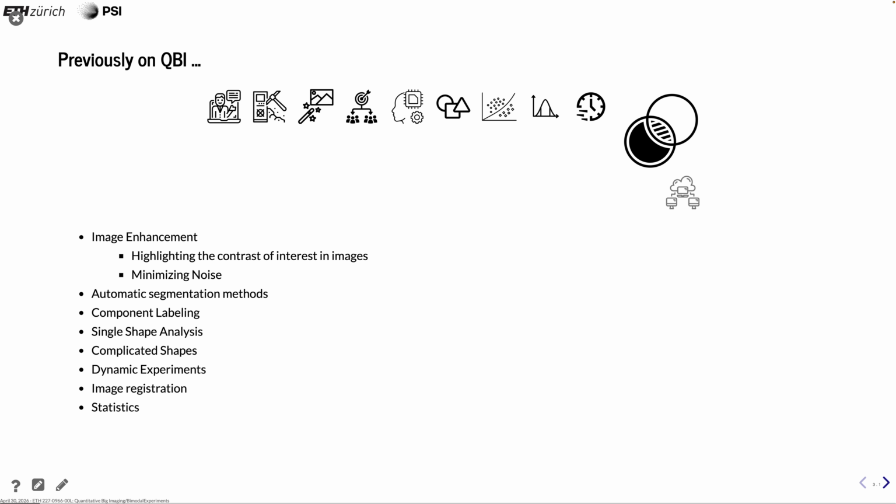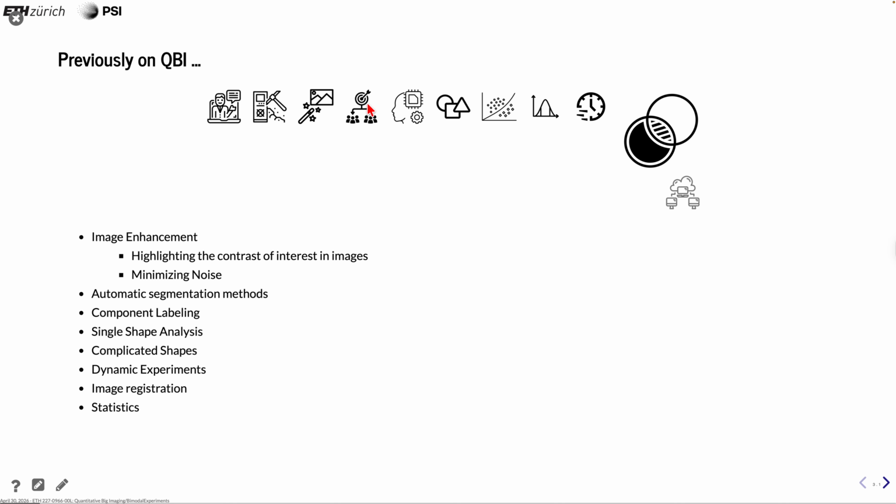So until now we have been doing quite a lot. We are approaching the end of this class, and this is actually the second but last lecture. We have been talking about image enhancement, how images are created. We also talked about some data sets and how you can use them for validating and testing your algorithms.